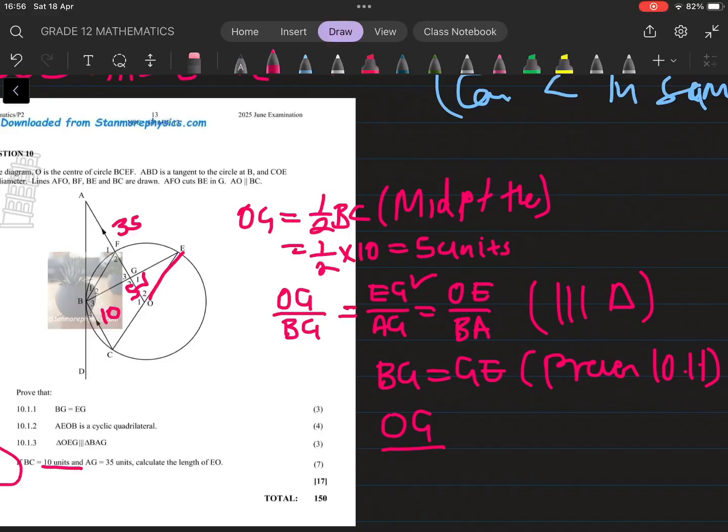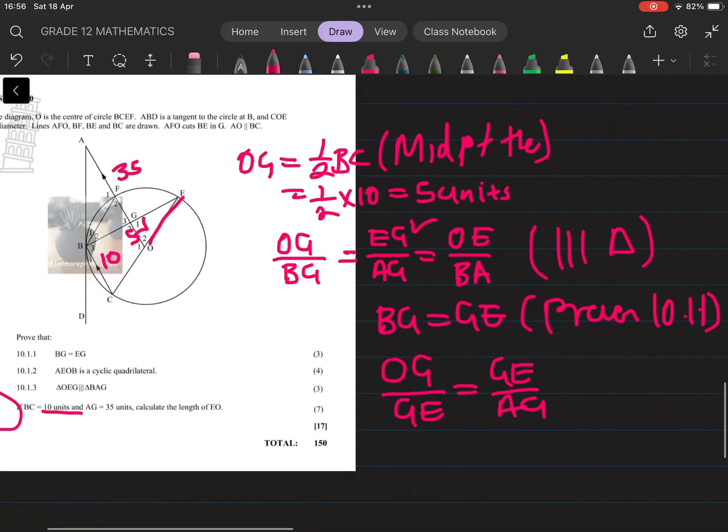Then I'm gonna say OG divided by GE, because it's equal to BG. And then now I'm going to use GE instead of EG, still the same thing, divided by AG. Right, now I have OG, that is 5 units, divided by GE, that's what I'm looking for.